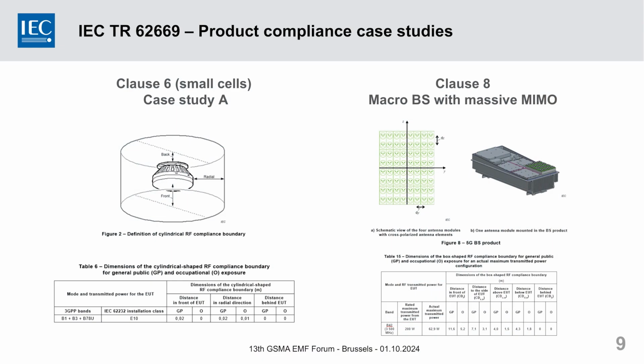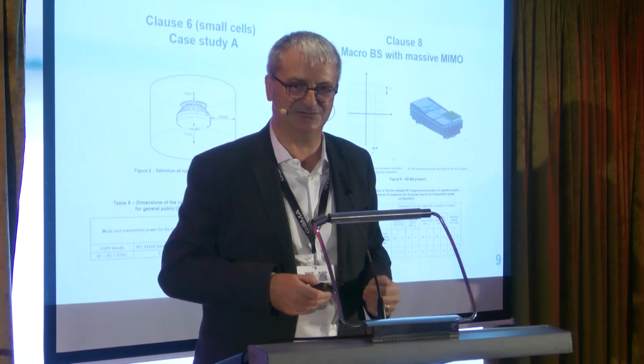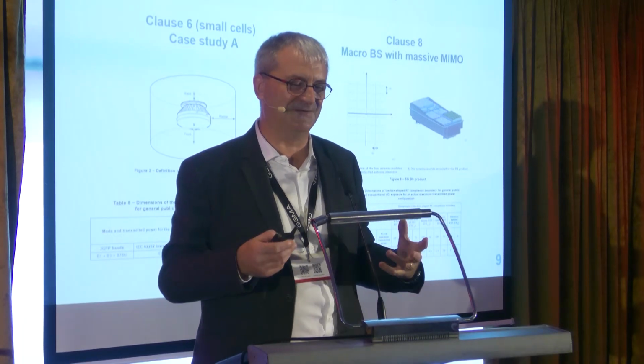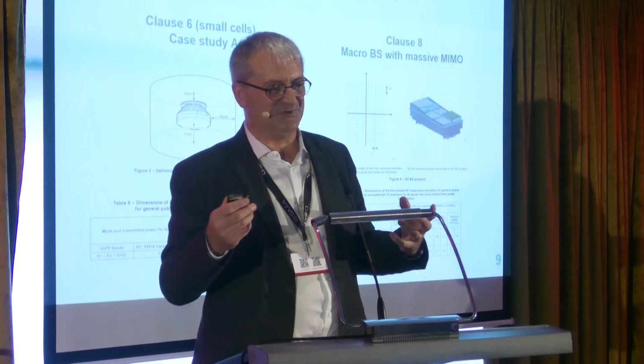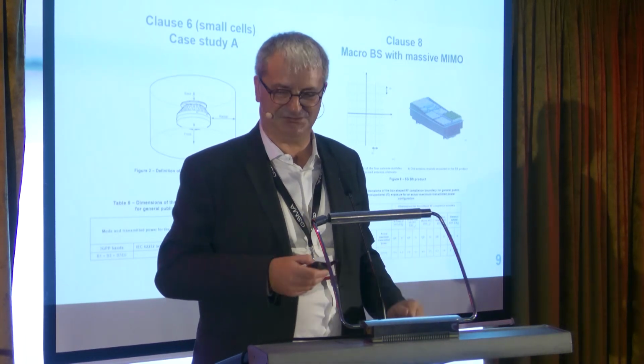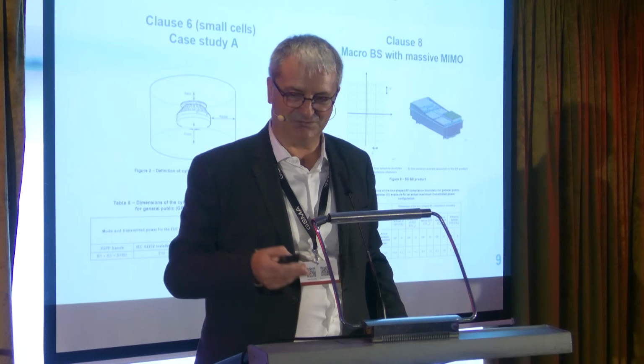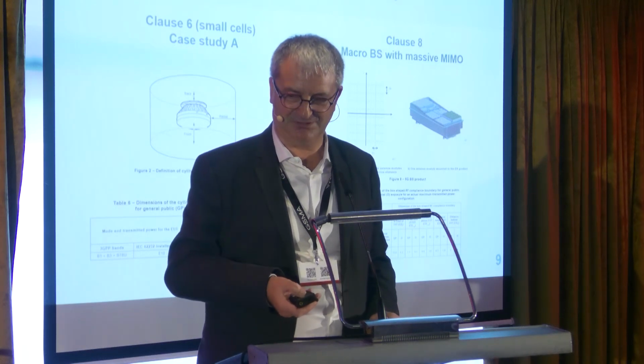On the right, you have an antenna array for 5G, and here the compliance distances are in the range of 25 meters in front if you take the rated maximum power, or 11 meters if you take into account the actual maximum power reduction of 6 dB, which is generally accepted. So this is the kind of report that we are providing.